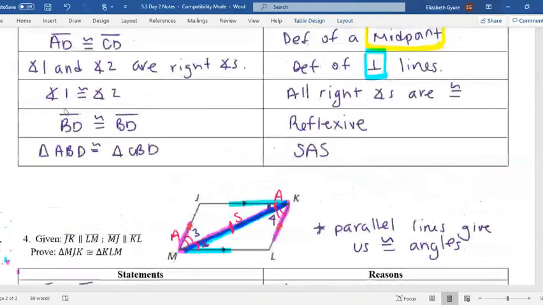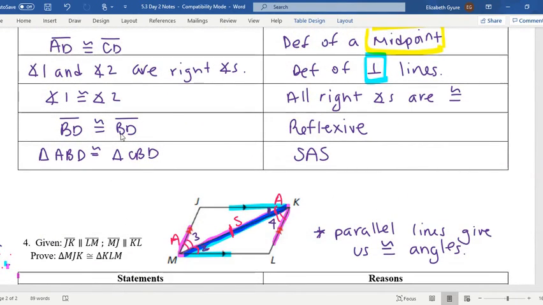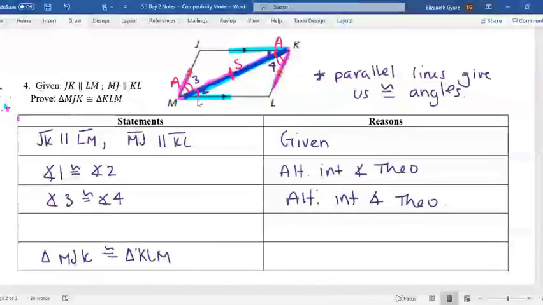So now let's take a look at what we did up here. We said BD is congruent to BD. If this one's name is MK, Olivia, how do you think we could put that in our proof here?